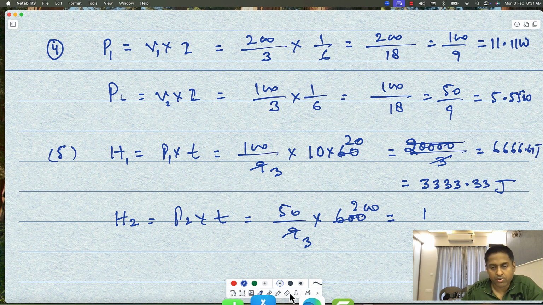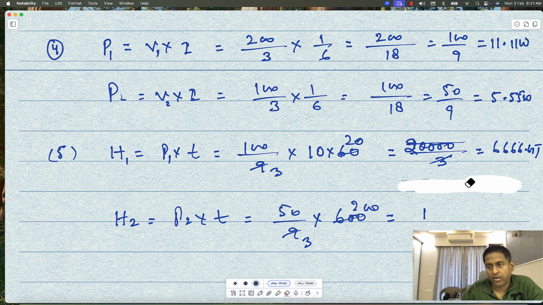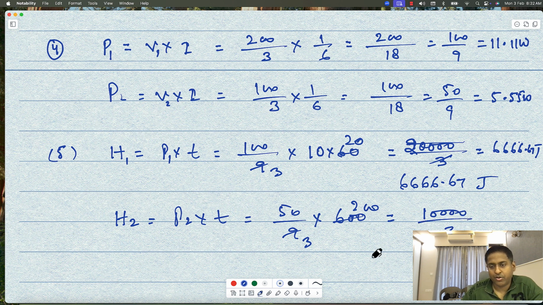So this is the answer here, and for the first bulb you get 10,000 divided by 3. Sorry for the wrong calculation. It happens, no problem.